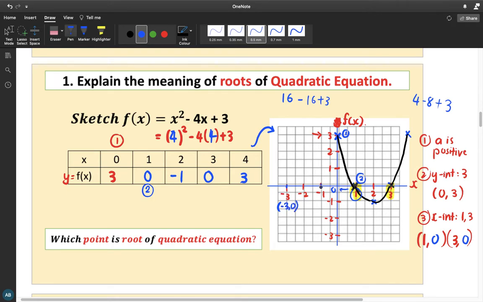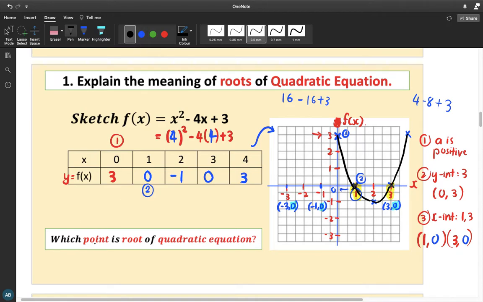If I want to tulis this coordinate right here, is -1, 0. If I want to write this coordinate, it is 3, 0. So if you guys can see, semua ini adalah kosong. Okay, y dia adalah kosong apabila kita ada x-intercept. Okay, itu sebenarnya basic. Saya sebenarnya tak nak cover tapi saya takut ada yang dah lupa. Okay, so I hope no one forgets.